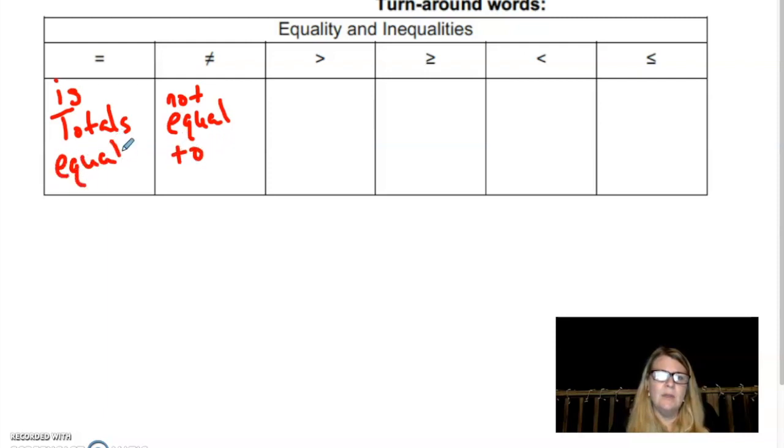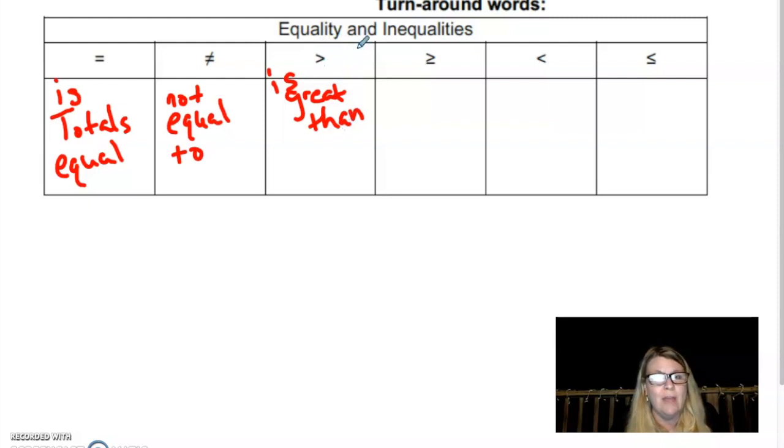And the next one is a greater than symbol. But if we're going to use that, the phrase that we're going to be looking at is not just the word greater than, it has to have the word is in front of it. Is greater than. That indicates that we're going to use the inequality.